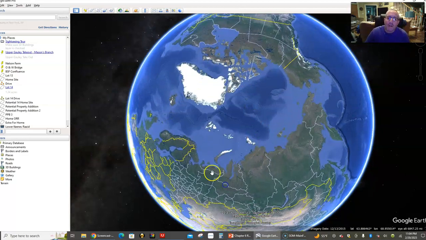You can see how long the coastline is of Russia along the Arctic Ocean up here. However, these ports, first of all, there aren't any real ports. There are a few, but they're very small and really not used very much because most of the year this is iced over.